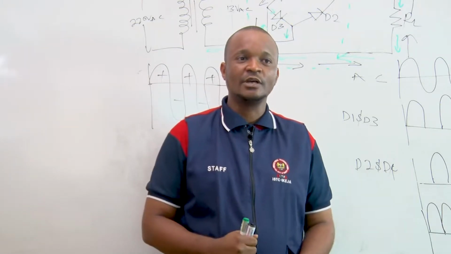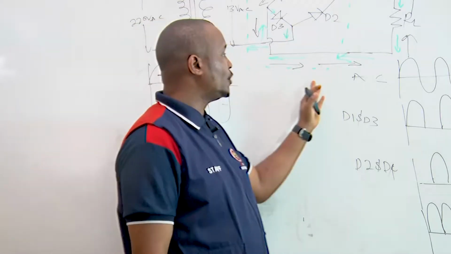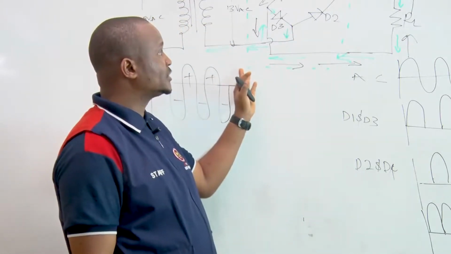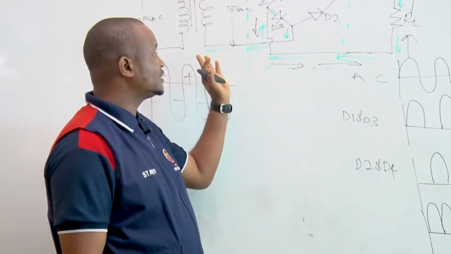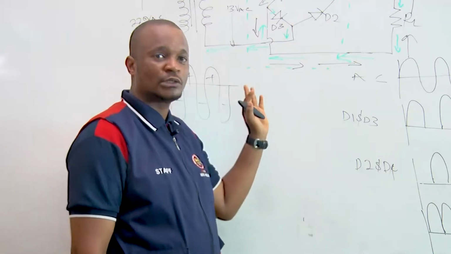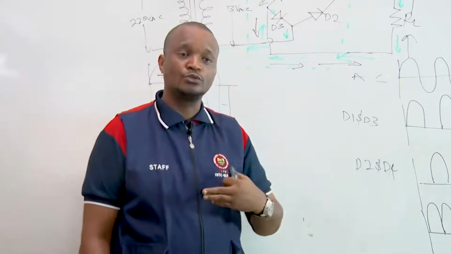So this is how the full wave rectifier achieves the process of rectification, that is, converting alternating current to a direct current. And from there, it goes on to the load.